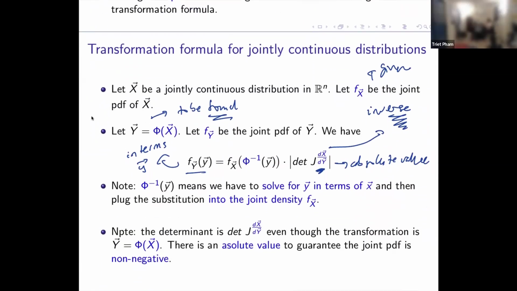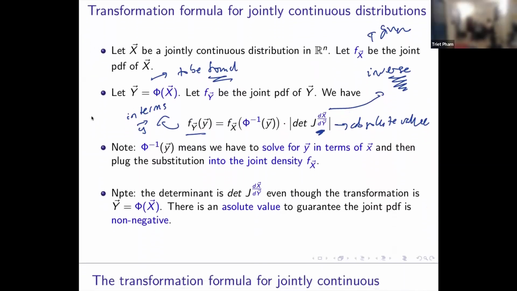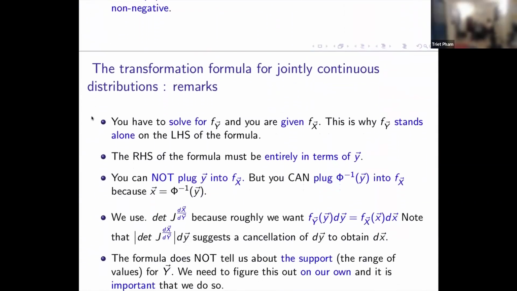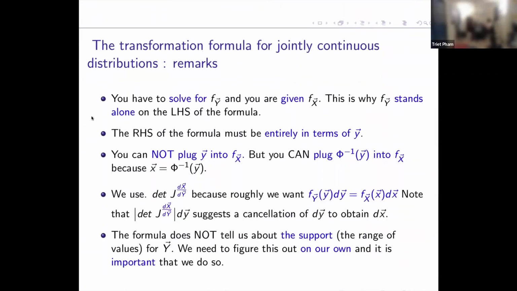All right. So these are the remarks I think that I just talked about right before, re-emphasizing all these points you need to pay attention to. Oh, yep.